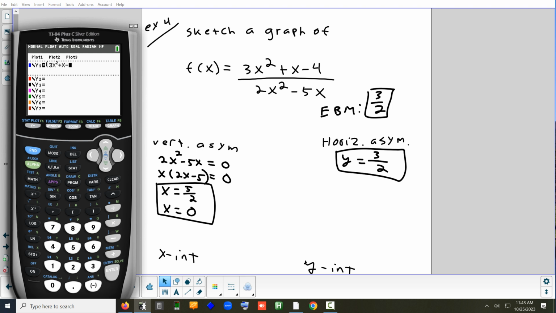Plus x minus 4 divided by 2x squared. I always type in the original. I don't use the one that I factored just in case I made a mistake. Make sure you type it in the right way. Go to your table. And you can leave those numbers there. If you don't want them there, you can delete them. Doesn't matter.